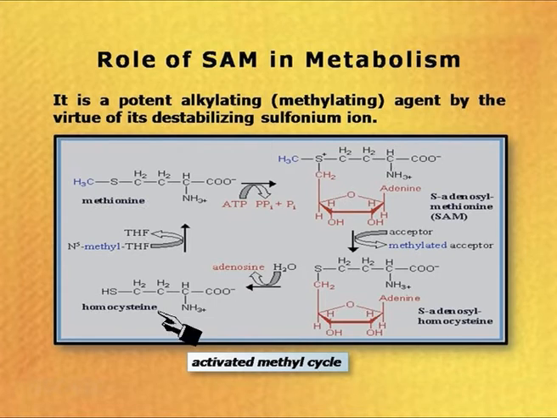It then produces homocysteine with the release of adenosine. From homocysteine, methionine is generated with the help of N5-methyl tetrahydrofolate. From methionine, again S-Adenosyl Methionine is regenerated with the reaction of ATP. So this is the activated methyl cycle.